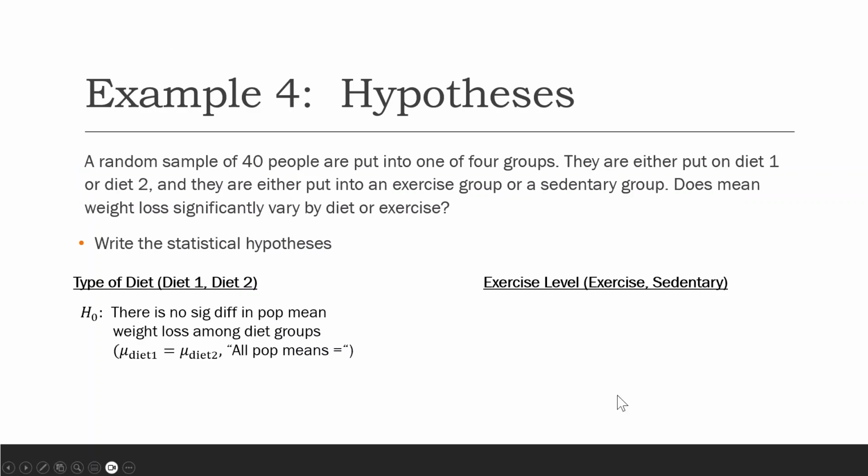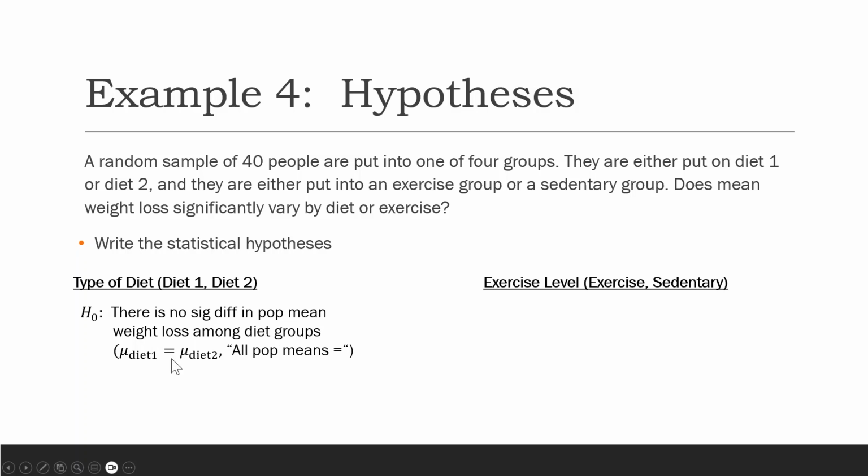We can say that for our null hypothesis, there is no significant difference in population mean weight loss among the diet groups, right? That is one way. I'm sorry that I'm abbreviating here, but I'm not going to be able to fit everything on the screen. No significant difference in population mean weight loss among the diet groups.